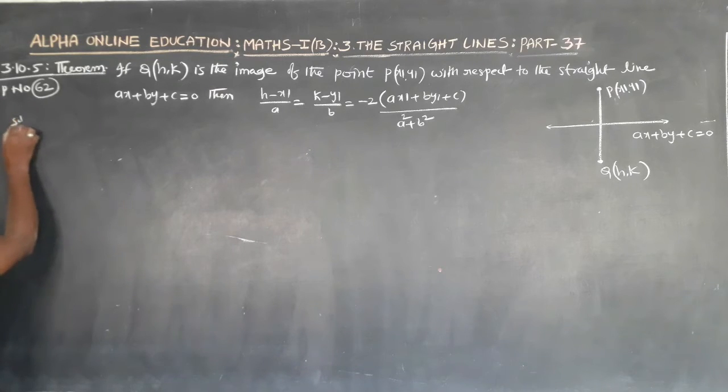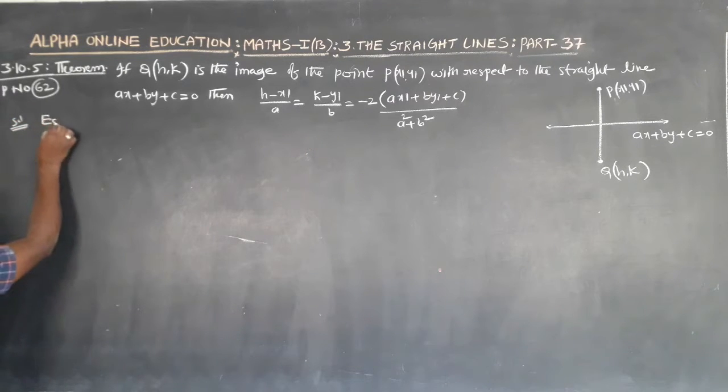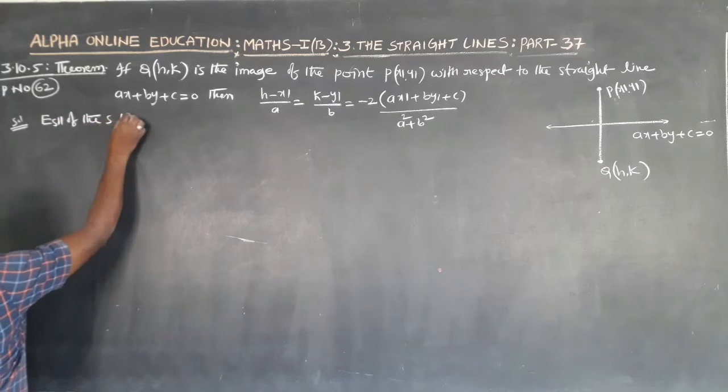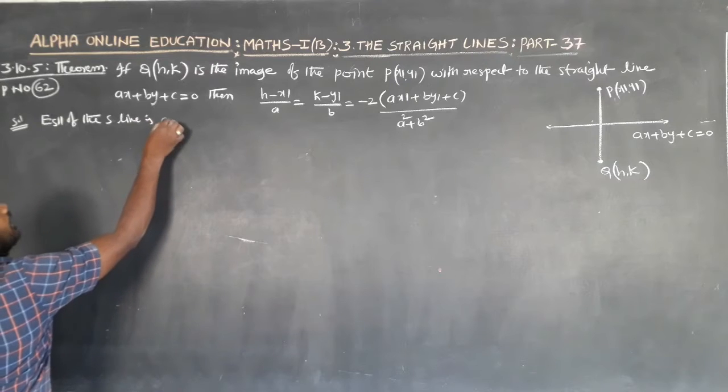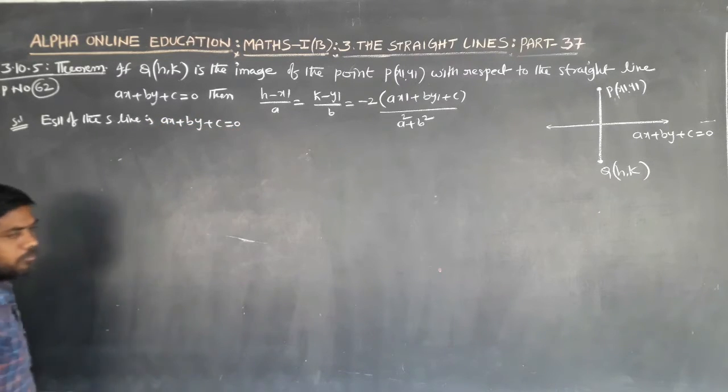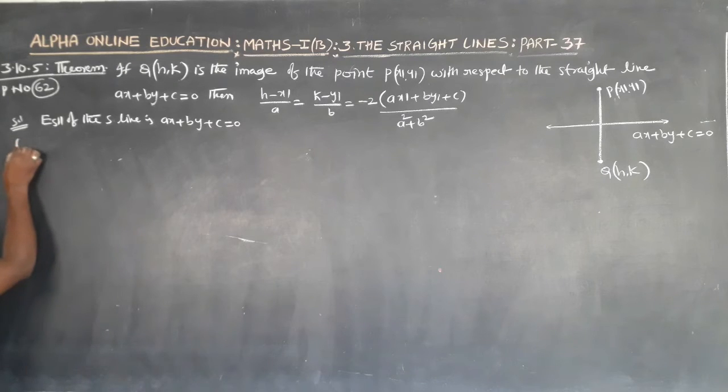Here we prove it. The equation of the straight line is ax + by + c = 0.